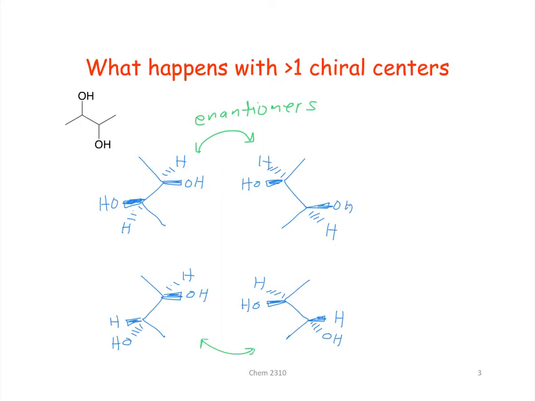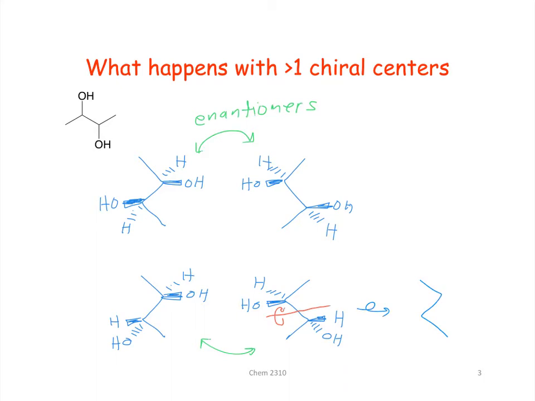Okay, what about these two? Alright, so let me try something here. In this case, I'm going to take an axis that goes right through here, and I'm going to rotate the molecule on that axis. So what's going to happen is it's going to give us the carbon skeleton going this way, right?